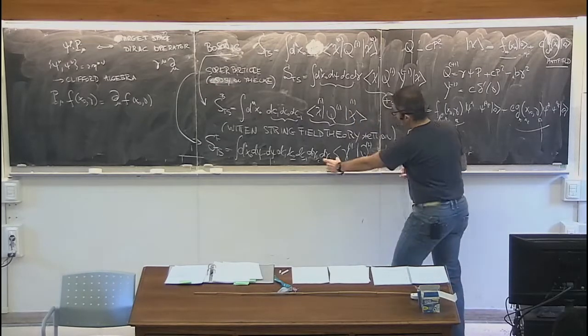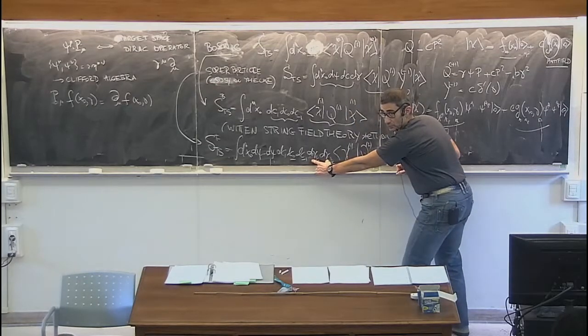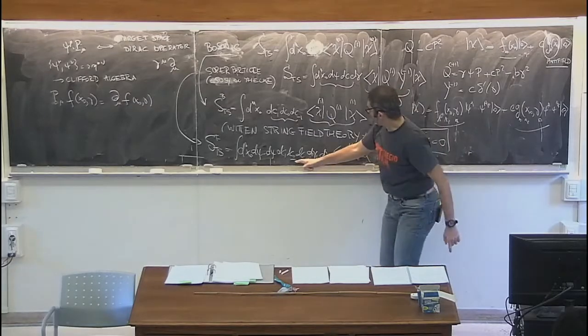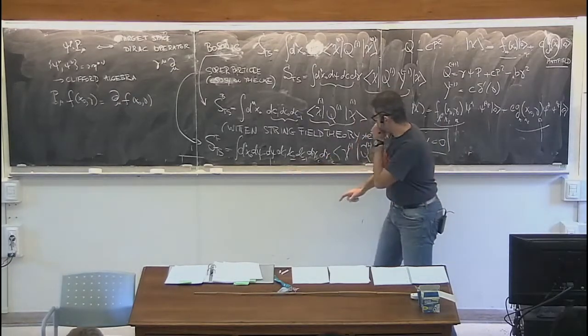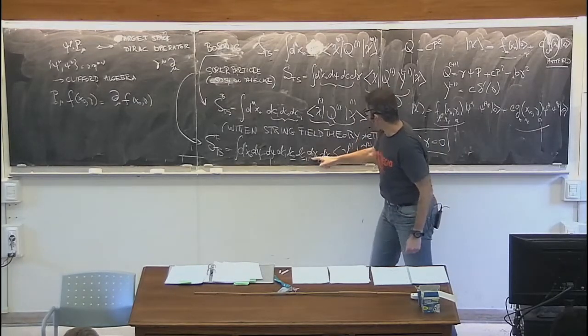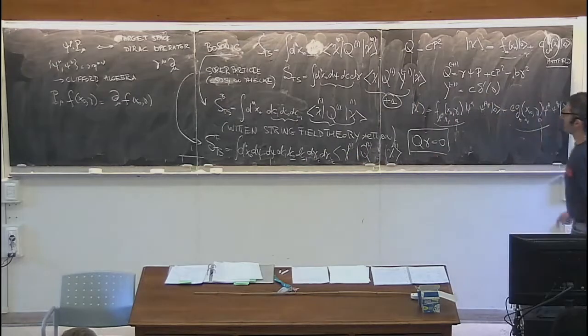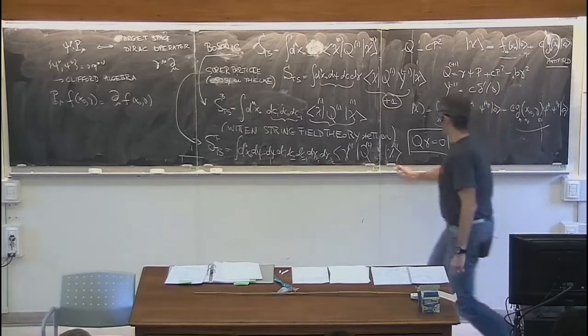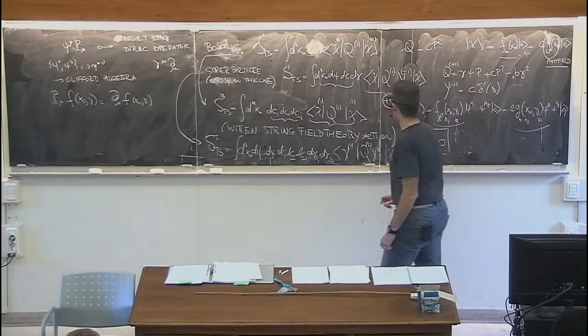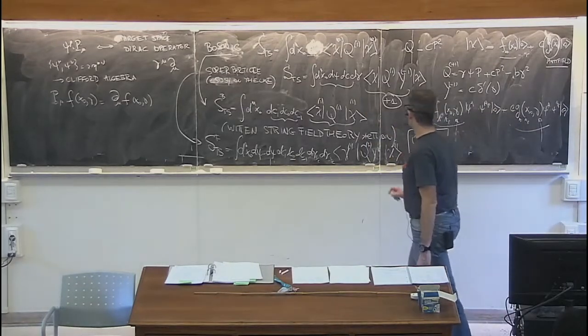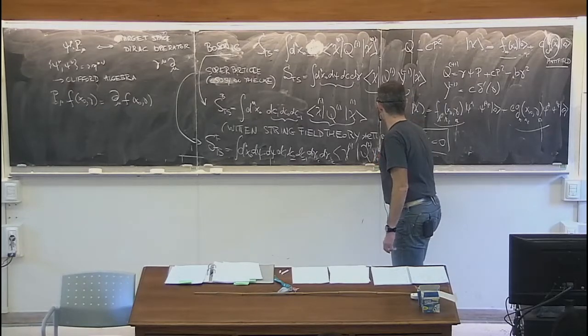But here you see there are 2 gammas to integrate over. So this means I have to add some other picture changing operator in order to soak up also the gamma integration. So here there will be a picture changing operator which has picture number +2.